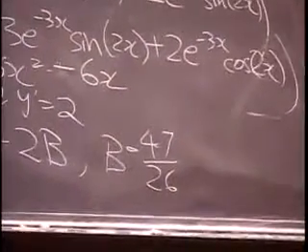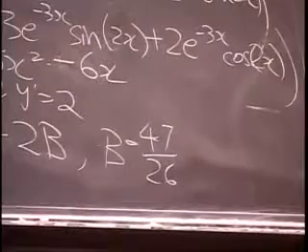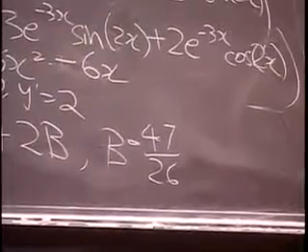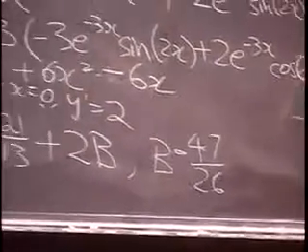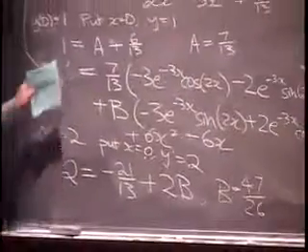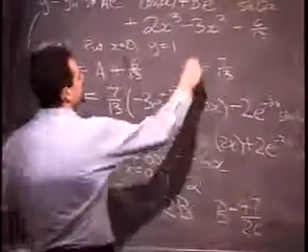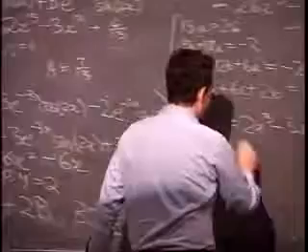And now let's see if that's right. Yes, I believe it's right. Okay, so we found a is 7/13. We found b is 47/26. So now I just plug those in here to get the final solution.